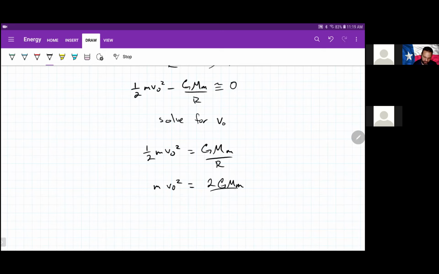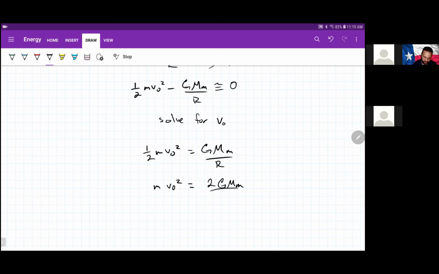And so we'll end up with v, and this is going to be called the escape velocity, equal to the square root of 2GM over R.